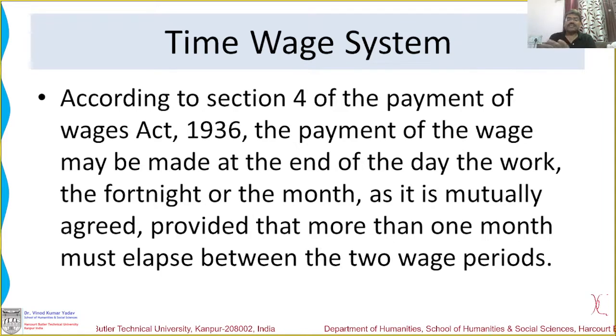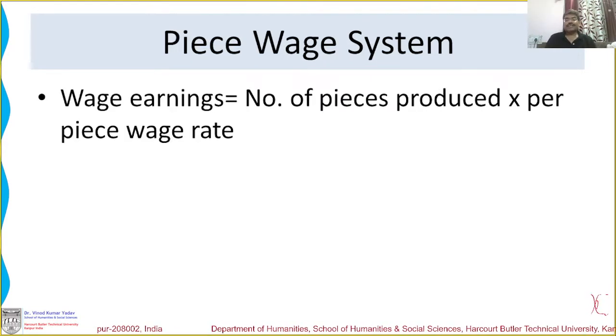The person may be wasting 1 or 2 hours in some activities, or the pace of the work cannot be ensured in these conditions. Whereas in the case of the piece wage system, the wage earning of a laborer or any person depends on the number of pieces produced.